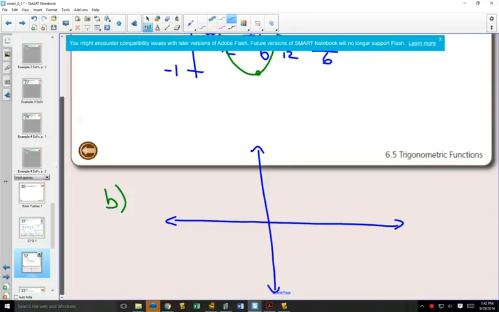So notice that there's a 2/3 inside the tan. So what are we going to do to our function? Our x values are going to be multiplied by the reciprocal 3/2. So what's going to happen to our first asymptote? Our first asymptote was at pi over 2. It's now going to be at 3 pi over 4.